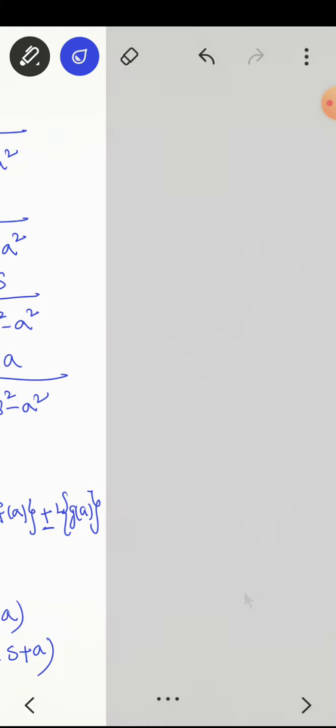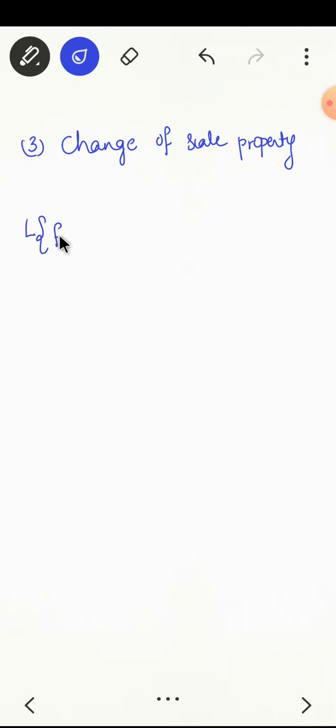Then the last property is the change of scale property. What is that? Laplace of f of at can be written as 1 by a into F of s by a. That means first you have to evaluate the given function.